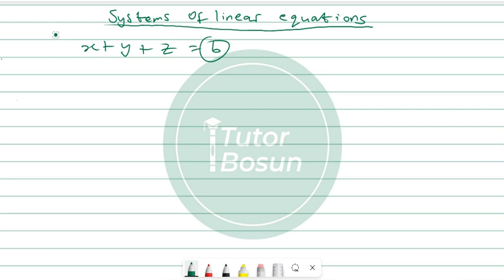So when we're talking about a system of linear equations, that means we are not having a single linear equation. It means it comprises two or more linear equations.